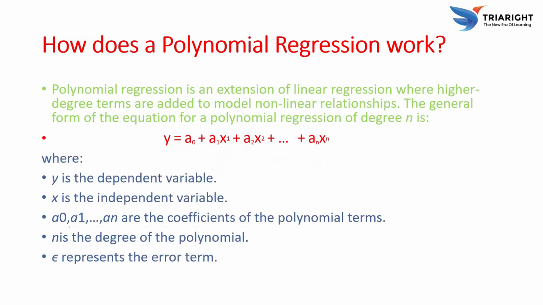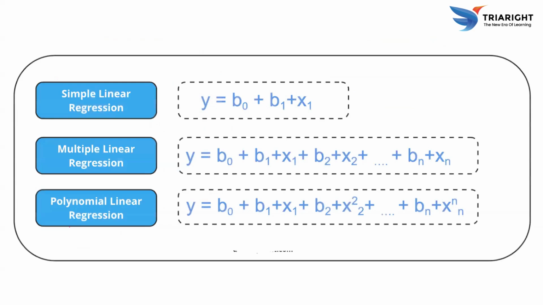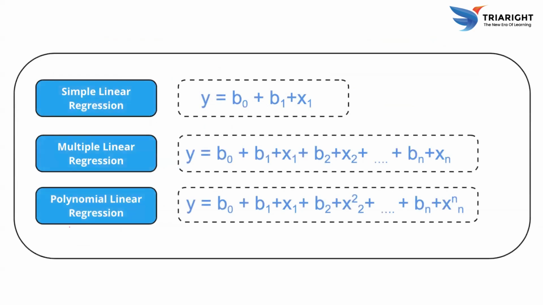Here y is the dependent variable and x is the independent variable. a0, a1, up to an are the coefficients of the polynomial terms, n is the degree of the polynomial, and e represents the error term as usual. So this is the simple linear regression formula, this is the multilinear regression formula, and this is the polynomial regression formula. We have seen these formulas in previous lectures.